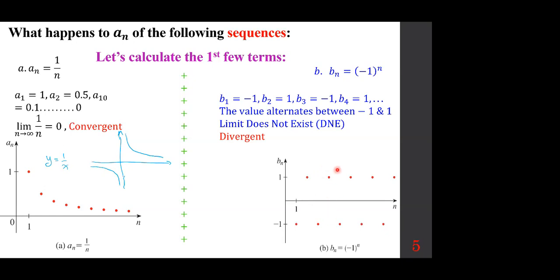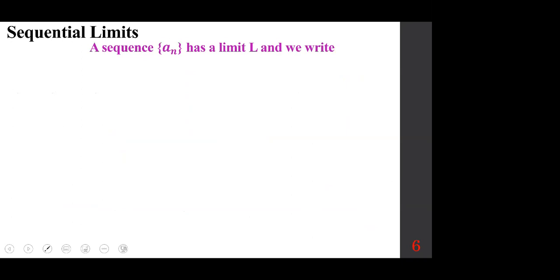And that's really the idea behind, for example, sinusoidal function: if you look at y equals sine x and you let x go to infinity, it oscillates between negative 1 and 1. It oscillates between the two, okay? So convergent means I can give you one number, end of the story, just one number. So a sequence has a limit and we write.